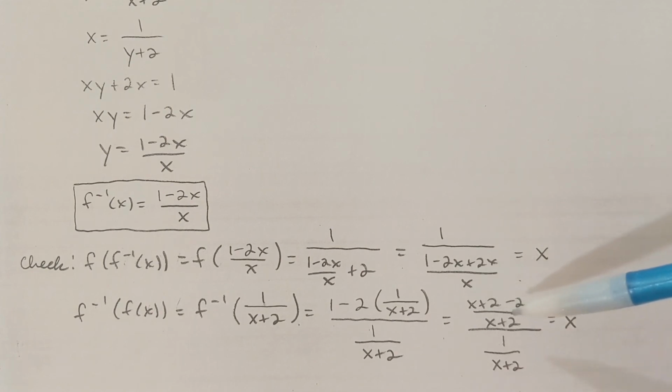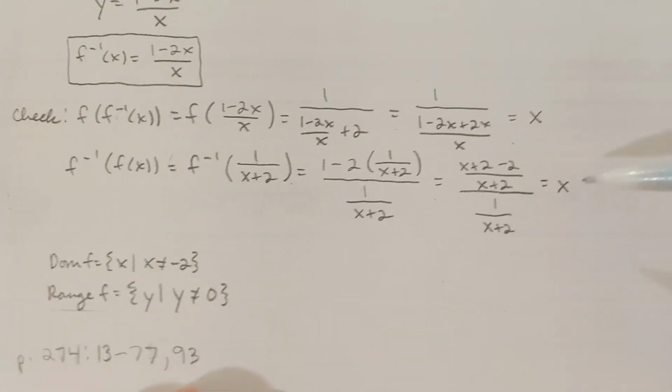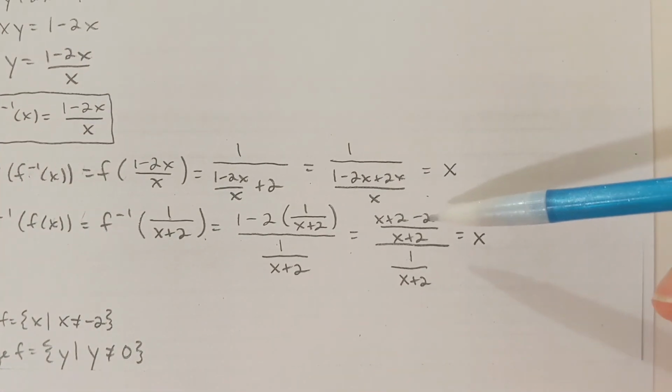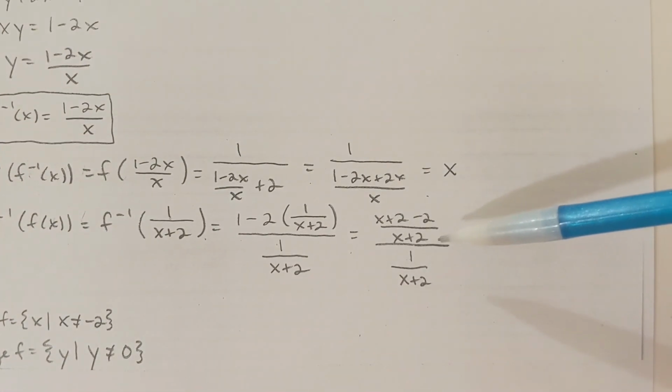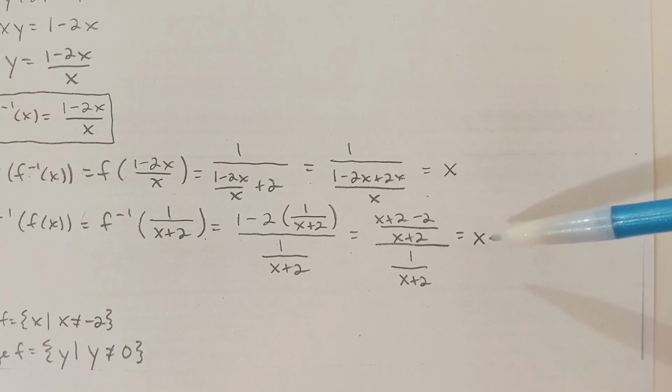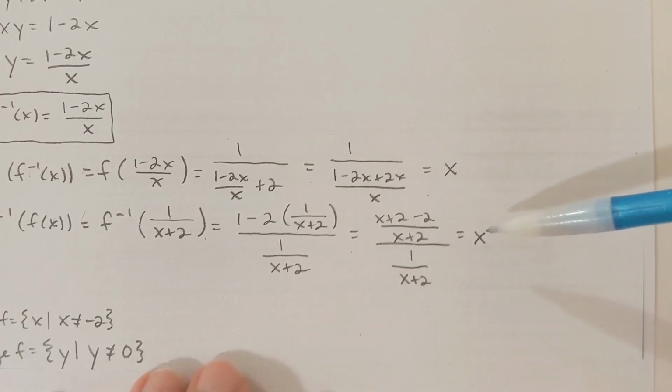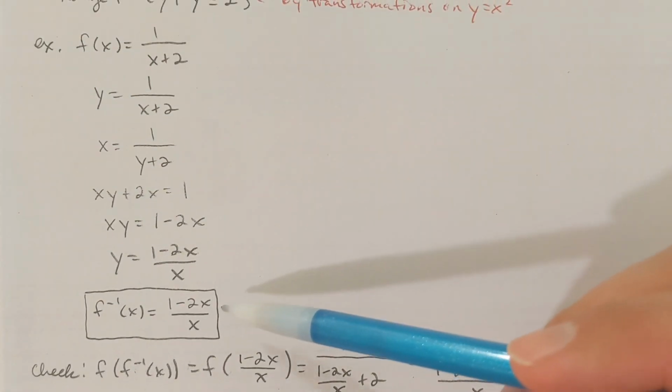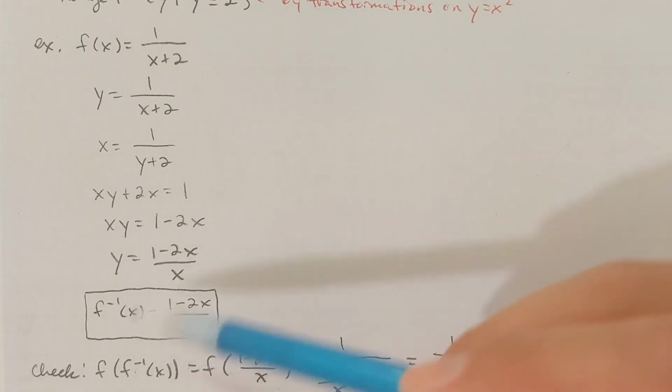So I've got to get a single fraction there in the numerator. X plus 2 minus 2 gives me x, and x divided by x plus 2, divided by 1 over x plus 2. Let's flip the 1 over x plus 2, and the x plus 2's will cancel. That gives you just x. So I know I've got the right answer here, which means I can go ahead and circle this.